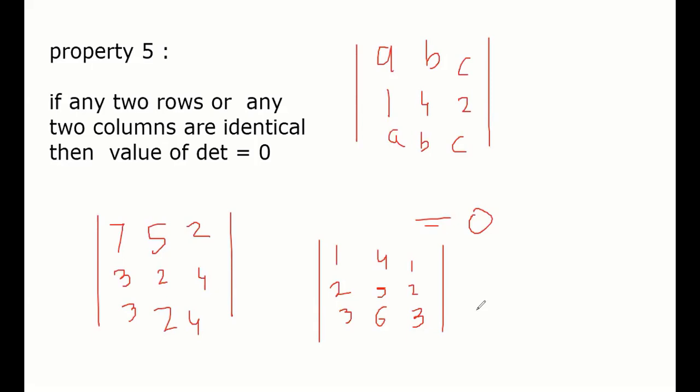So that is property number 5. Now, listen very carefully. Property number 6 says, hope you're writing all the properties.